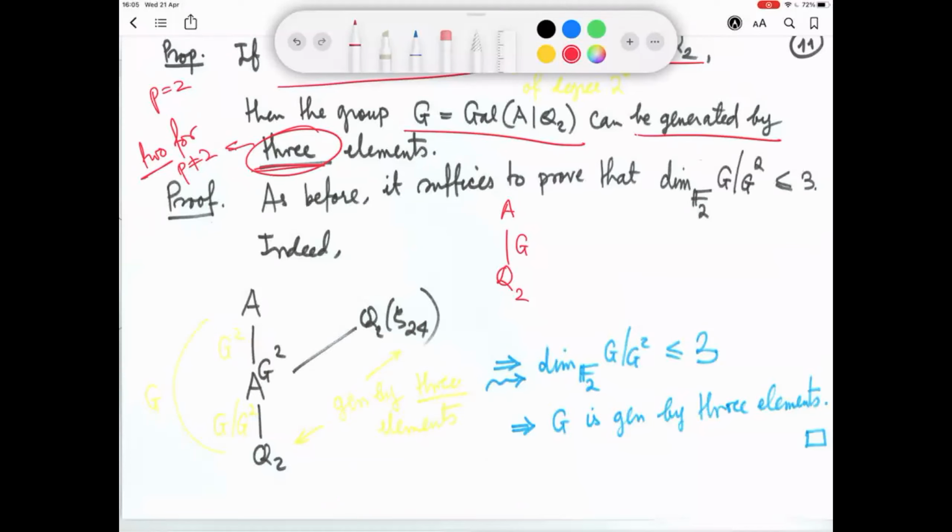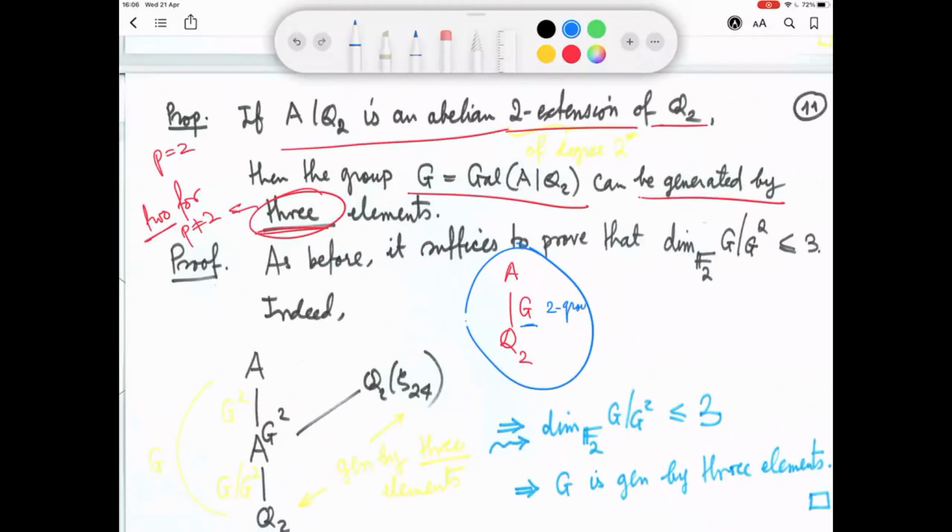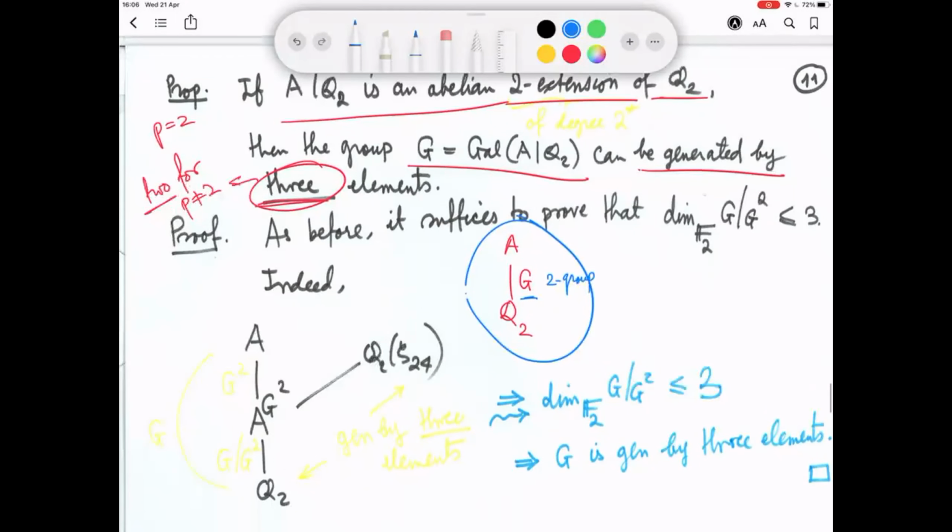So let's continue. I was saying that you have this abelian extension A of Q2, and G is the Galois group. It's an abelian 2 extension, so this is a 2 group. And I have to show that it can be generated by 3 elements at most. So as before, I have to show that the dimension over F2 of G modulo G squared is at most 3.